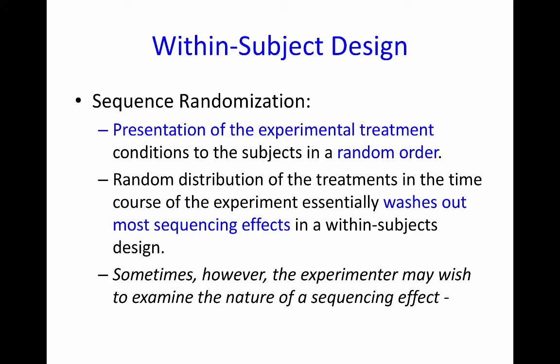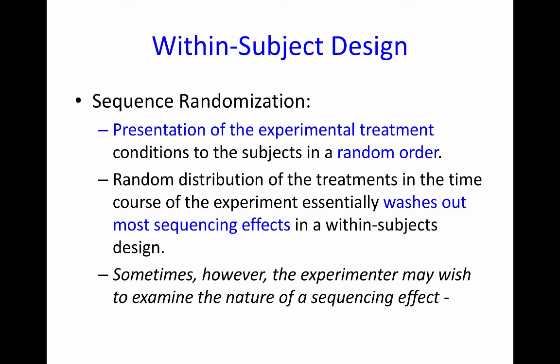With sequence randomization, you present the experimental treatments to the subjects in a random order. So subject A gets them in this order, subject B gets them in this order, subject C gets them in that order. Everything is random, and the idea is that any sequencing effects get washed out because of the randomness of it.